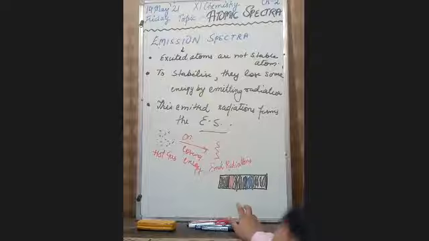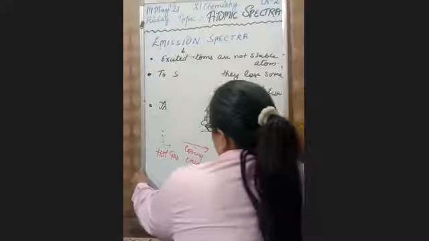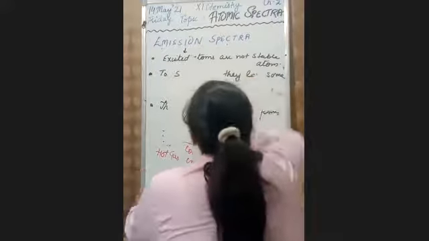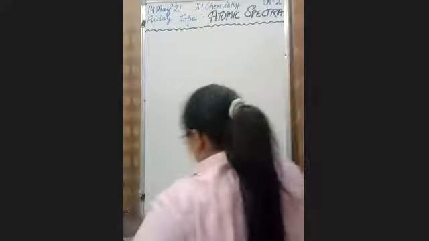Now, I am giving you one example in which I will explain both emission and absorption spectra. Suppose I am taking the emission and absorption spectra of the helium atom.